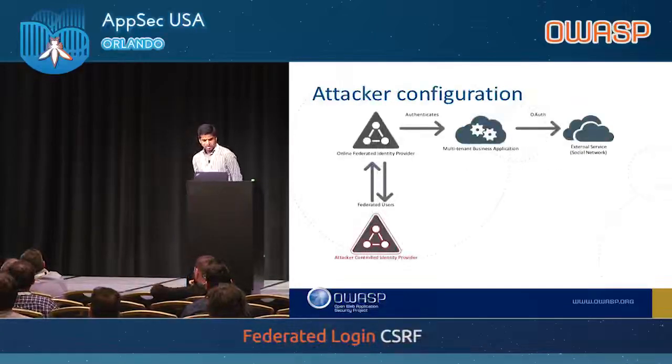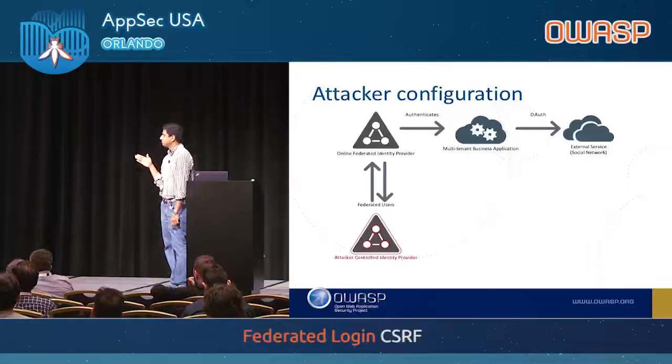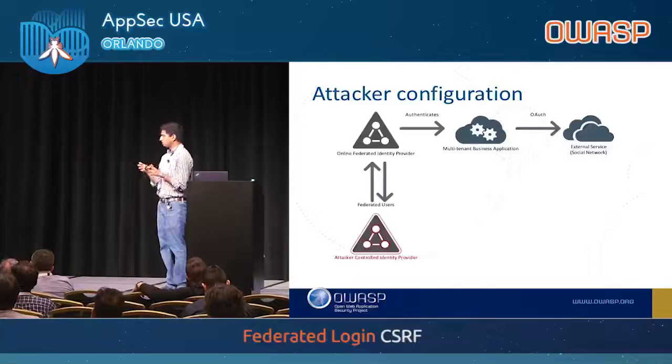What an attacker can do is sign up for a new tenant in the business application and federate that tenant with the attacker's controlled identity provider. And basically, the business application already has this feature where it links to an external resource. So this is a key concept. I hope everyone understands that.